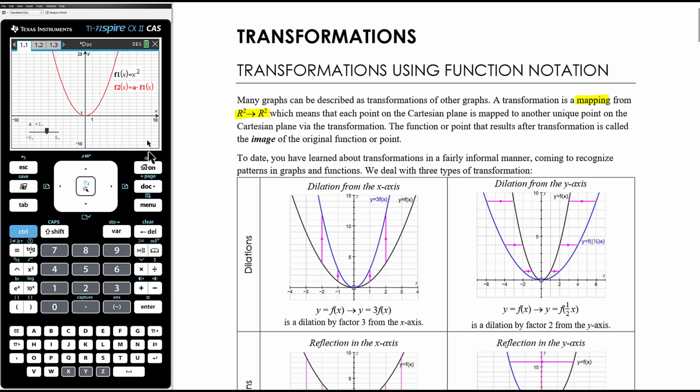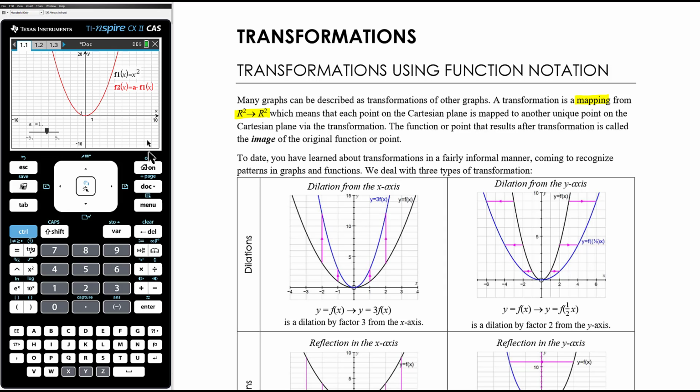So any point in R squared maps to another point in R squared under some kind of transformation, whether that's a translation, whether that's a dilation, whether that's a reflection. The function or point that results after the transformation is called the image of the original function or point. Okay, and sometimes we can talk about the pre-image, but in all honesty, that's not very common language.